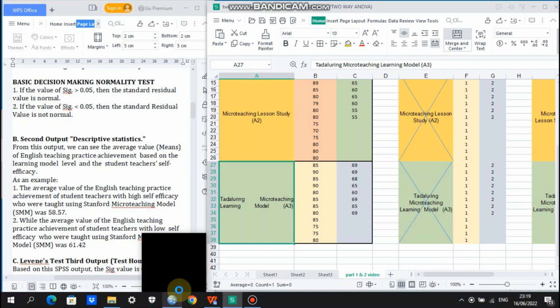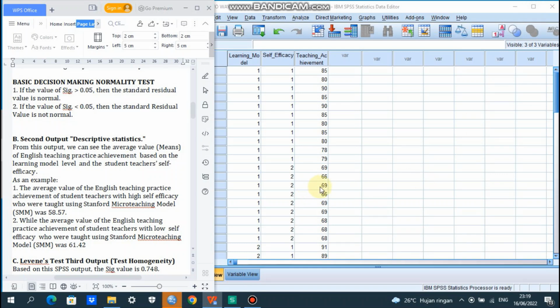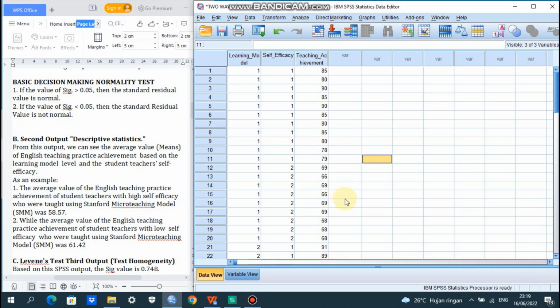In SPSS, you can have the Excel data, the same Excel data also from the data of two-way ANOVA part 1. Okay, we are going to do a standard residual value.